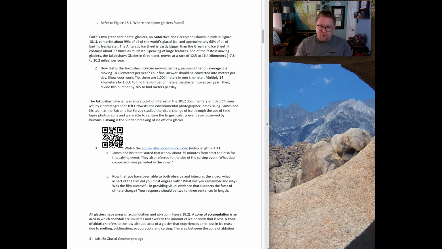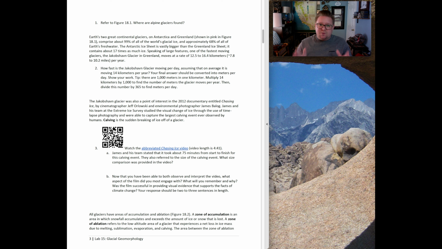Then moving forward, we learn about the 2 great continental glaciers of Antarctica and Greenland, shown in pink on that figure. We're able to learn and measure the rate at which glaciers are advancing and retreating, which has become a very hot topic being observed today due to climate change. Speaking of large features, one of the fastest moving glaciers is the Jakobshavn Glacier in Greenland.